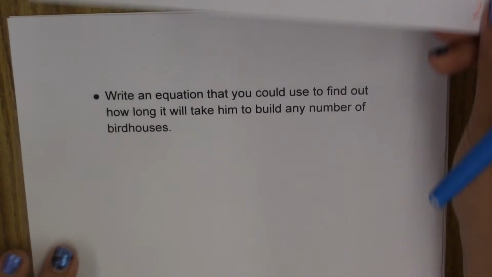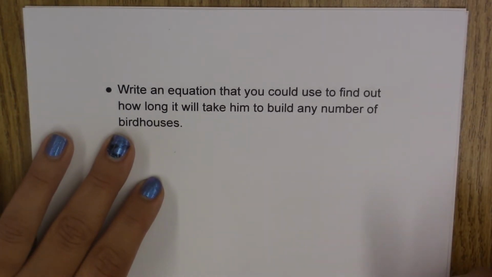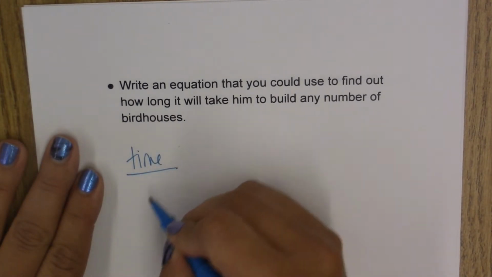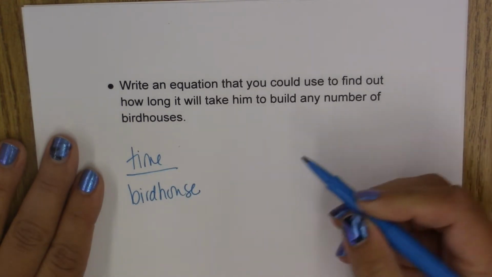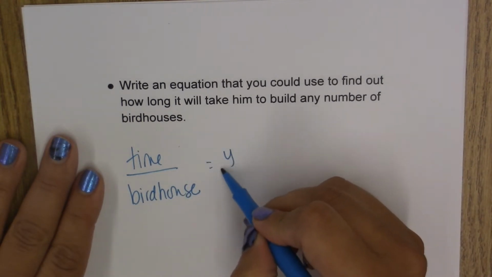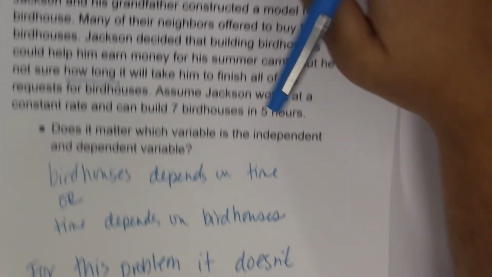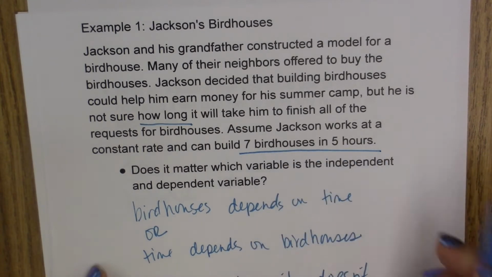Okay. Write an equation that you could use to find how long it will take him to build any number of birdhouses. So I'm going to write my ratio again. So time per birdhouse. This is my y to my x. And if I go back to my first problem, right here it says he makes 7 birdhouses in 5 hours.